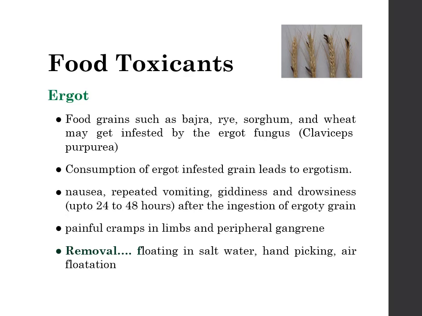These symptoms are acute but rarely fatal. In chronic cases, painful cramps in limbs and peripheral gangrene due to vasoconstriction may result. Ergot-infested grains can be easily removed by floating them in 20% salt water. They can also be removed by hand picking or air flotation.